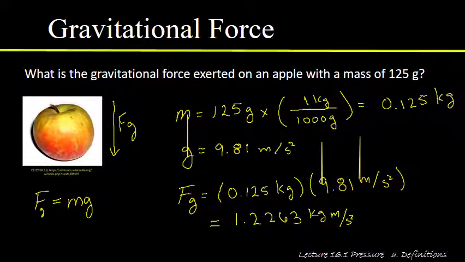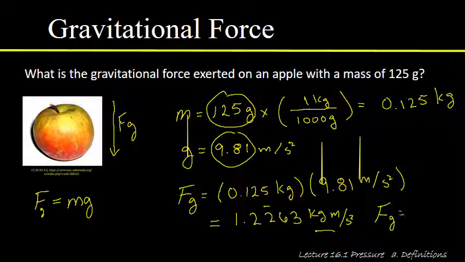If we go back and look at our data, we've got 3 significant figures in this gravitational acceleration, so we should round our result to 3 significant figures. We also can convert our units here: 1 kilogram meter per second squared is 1 Newton. So the final result, the force would be 1.23 newtons.